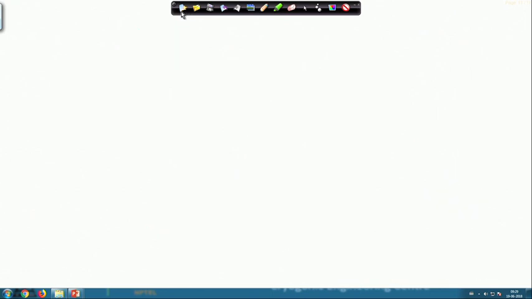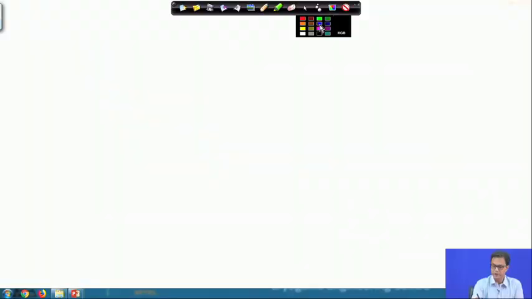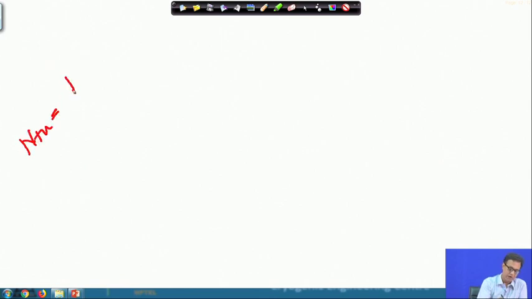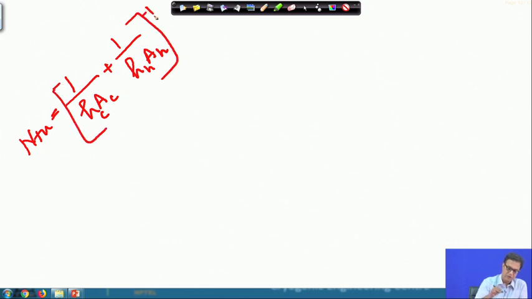So, now if we try to calculate the NTU, we know that NTU value is given by 1 by heat transfer surface area, 1 by HC AC plus 1 by HH AH. This basically is nothing but UA by C mean.